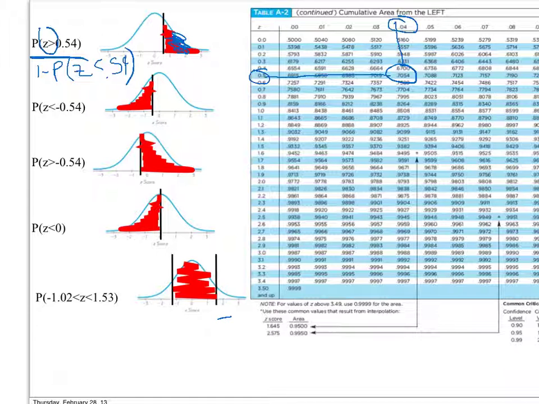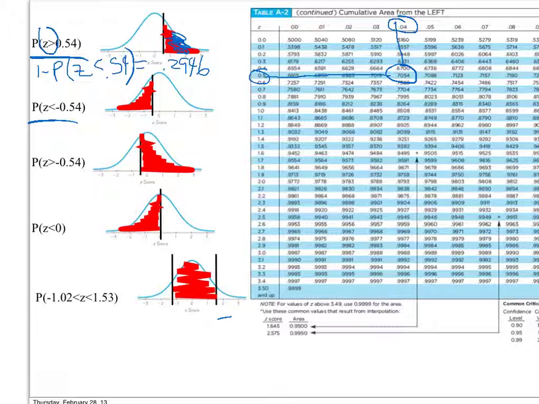When you do 1 minus 0.7054, I'm just doing this quickly on my calculator as I speak, you get 0.2946. So this probability is 0.2946. You can sort of tell that from the picture. It looks like about 1/3 of the area, about 30%.